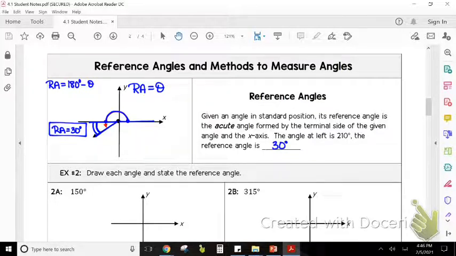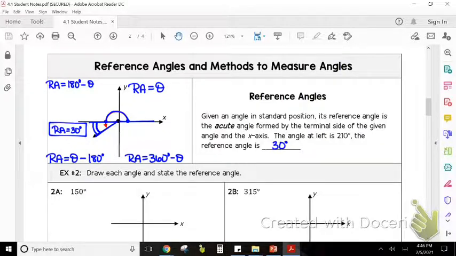We already saw in quadrant 3 down here that our reference angle would equal the angle minus the 180 degrees, because 210 minus 180 was the 30. And if we're in quadrant 4, that reference angle is going to be the 360 degrees minus our angle. But remember, those formulas only work when our angles are between 0 and 360 degrees. Sometimes you'll get some angles that you're like, oh, I can figure this out without converting or using a coterminal angle. Sometimes we're going to need them.